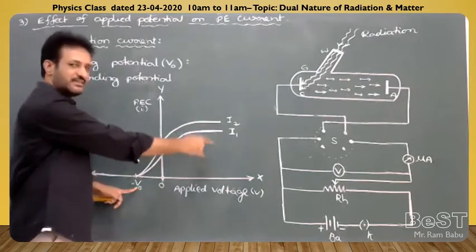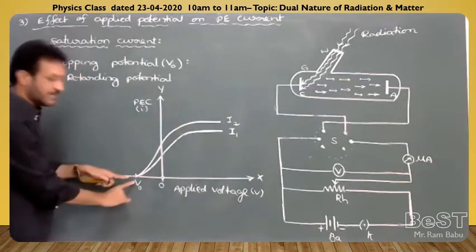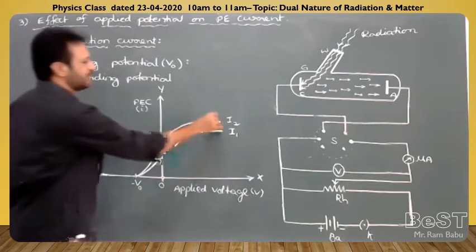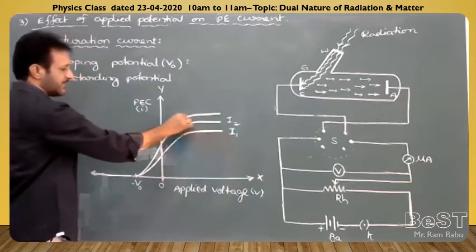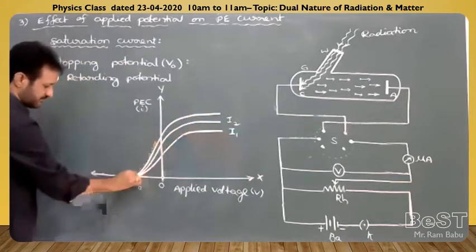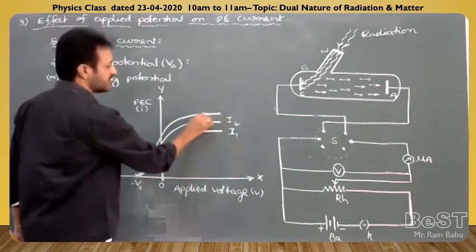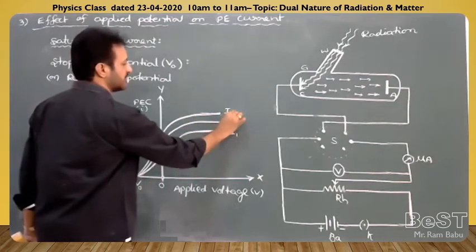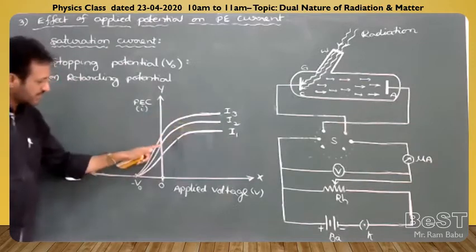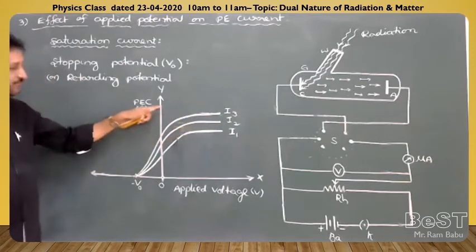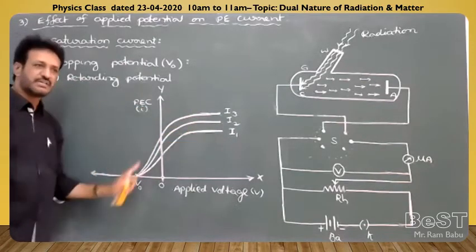It may be I1 or I2, whatever you take, the stopping potential is fixed. And if we take one more value I3, the intensity changes, but finally the curve reaches the same potential. The intensity of the light is different and the photo current is also different in all three cases, but the potential is the same.